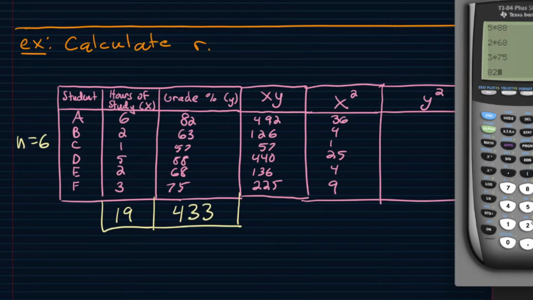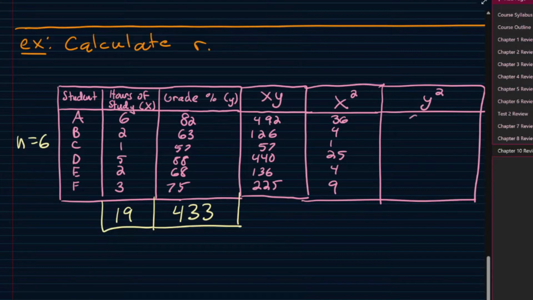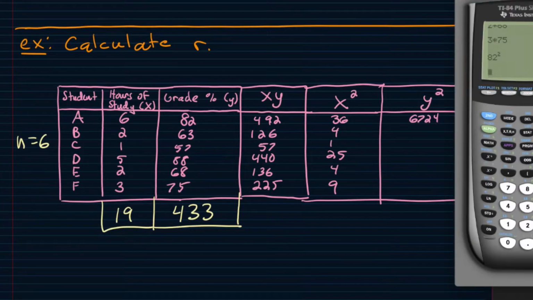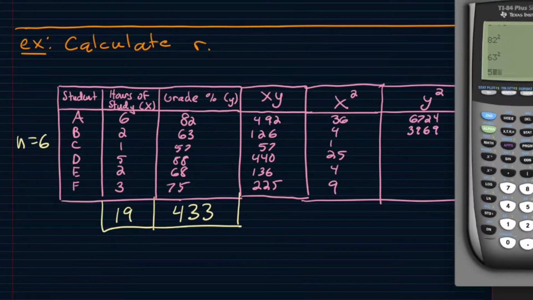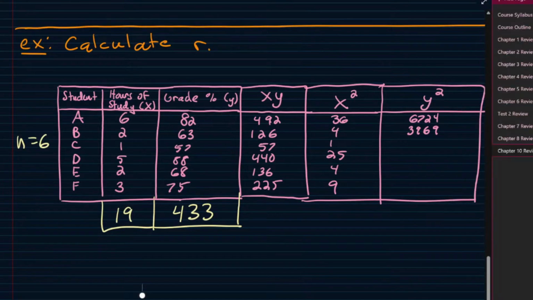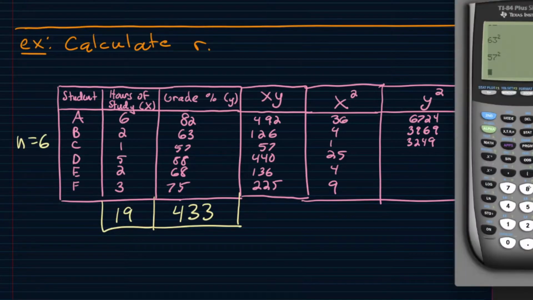82 squared is 6724. 63 squared, 3969. 57 squared, 3249. 88 squared, 7744.